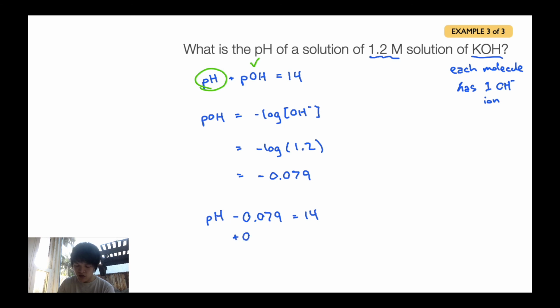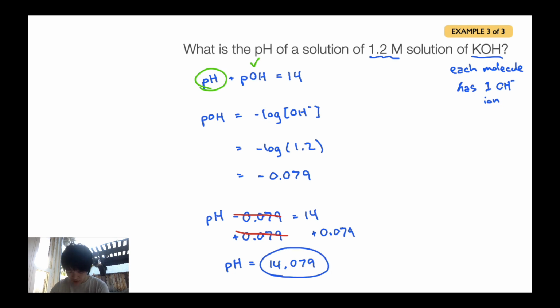So add 0.079 on the left, but also on the right side. On the left side, the negative and the positive become 0. On the right side, you actually add them together. So what we should end up with is pH is equal to 14 plus 0.079, which is 14.079. That's our pH.